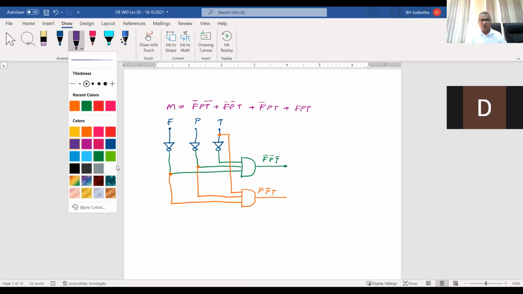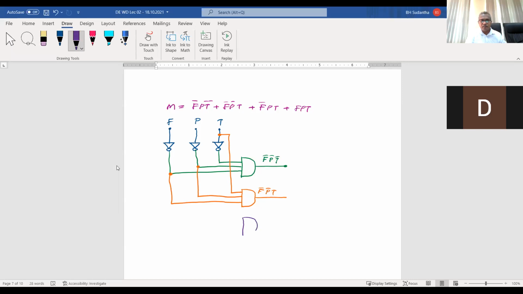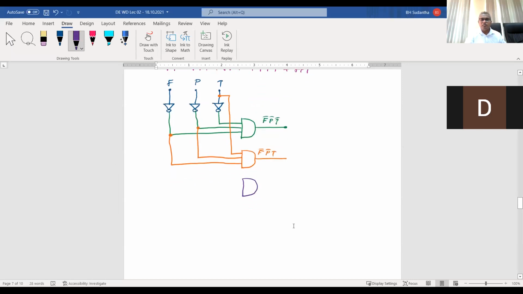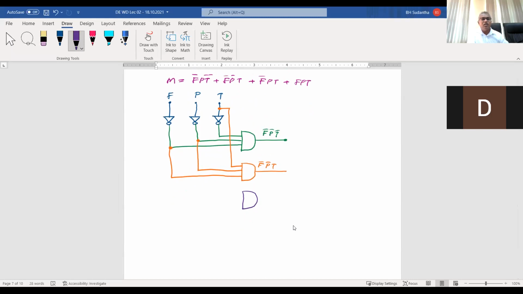Again, a different color. Here we need F bar P T. T is already here. Then we need P, and F. Last one.